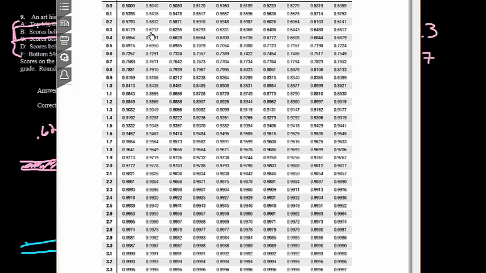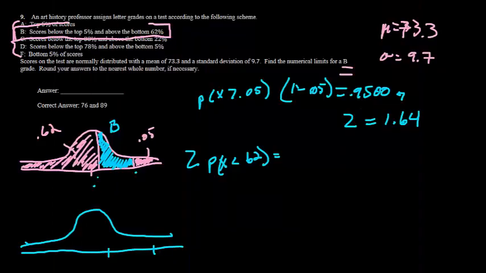Here, I think the 0.6217 is closer than the other one, so I'm going to take this one, and note that my z is 0.31. So this z is equal to 0.31. And that one I don't have to modify because it is a left tail probability, or left tail test.